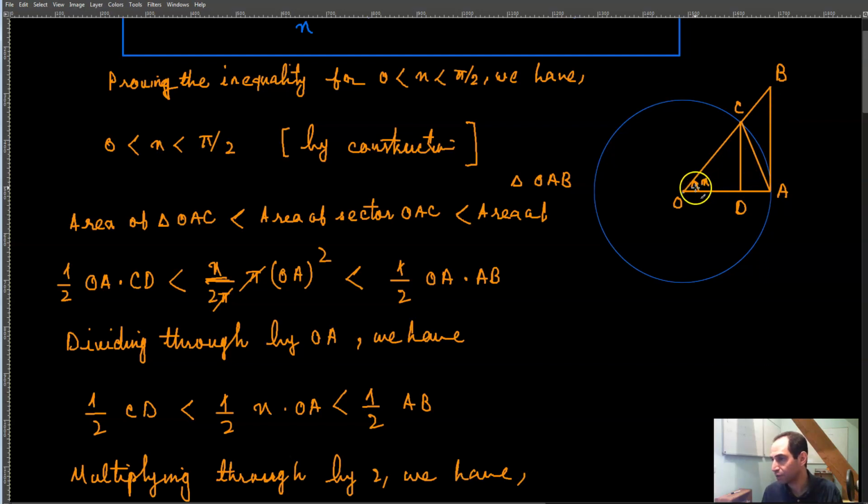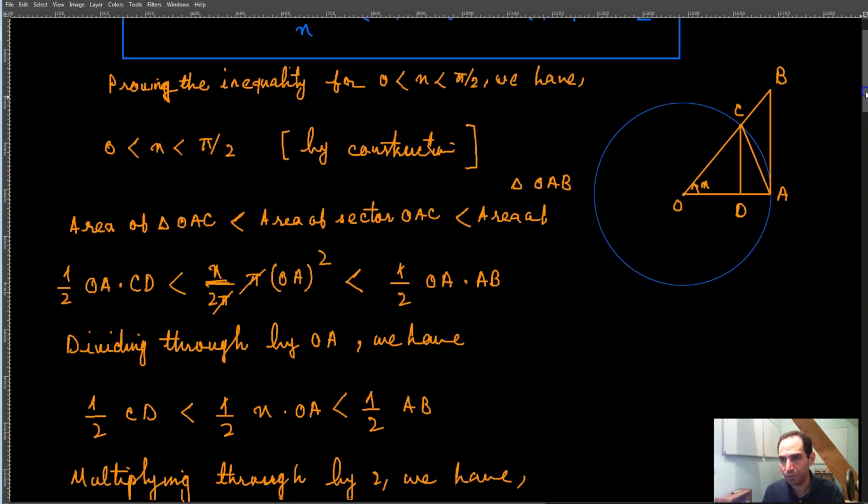Now they have taken this in the larger triangle, meaning AB by OA.